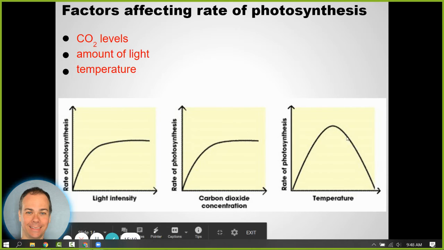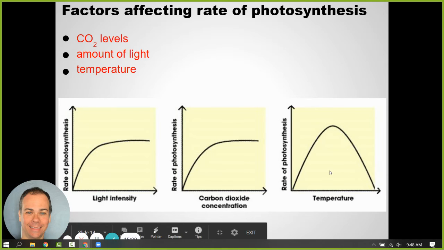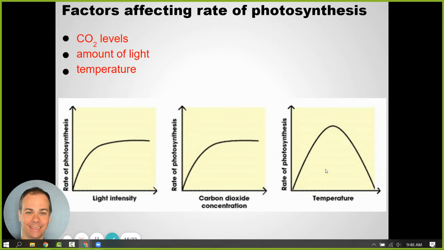Does this graph shape look familiar? Have we seen this shape in other areas? What were we looking at when we saw the same kind of shape? We did an activity on this. It's the same shape as enzyme activity, right?